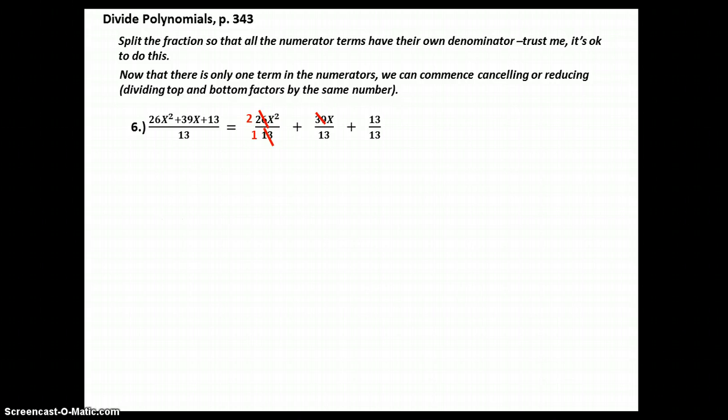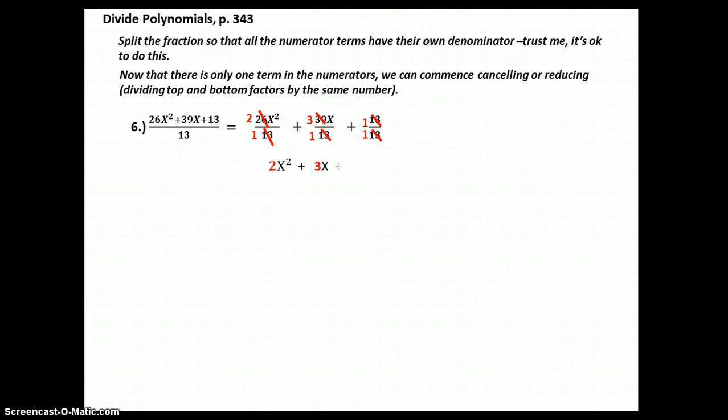We divide 39 by 13 and get 3. And again, the 13 in the denominator ends up as a 1. And both of them over here in this last fraction end up as 1 because we divided both of those by 13 as well.